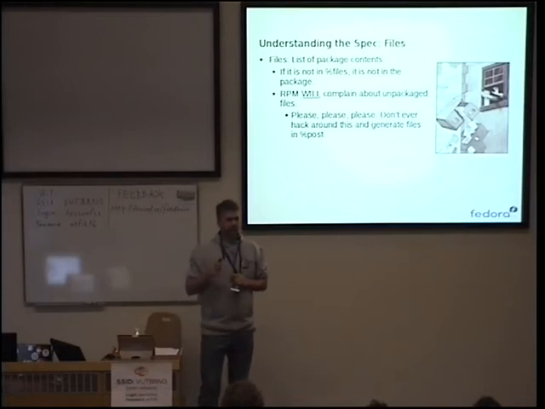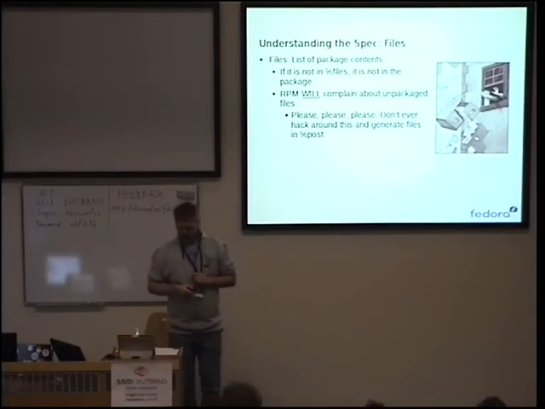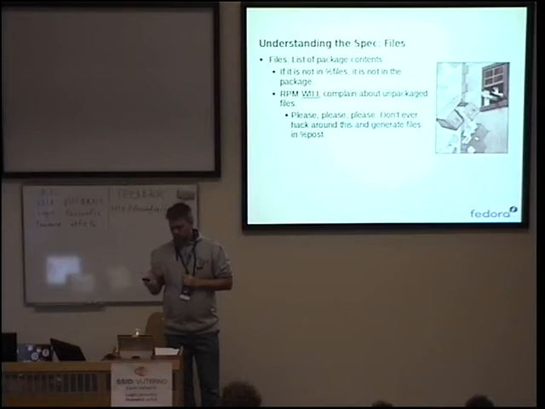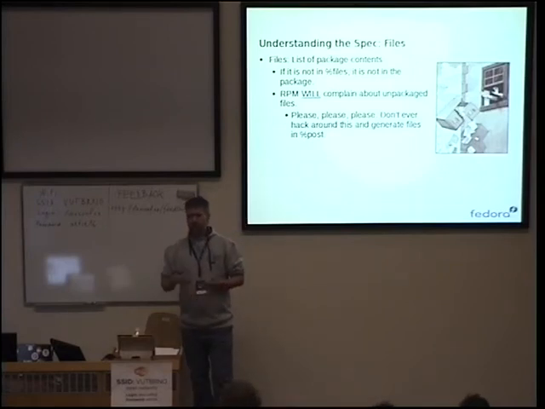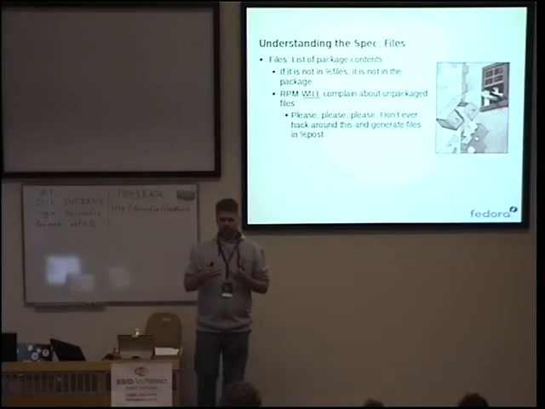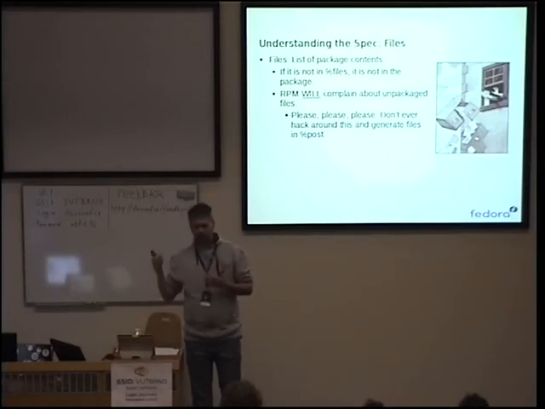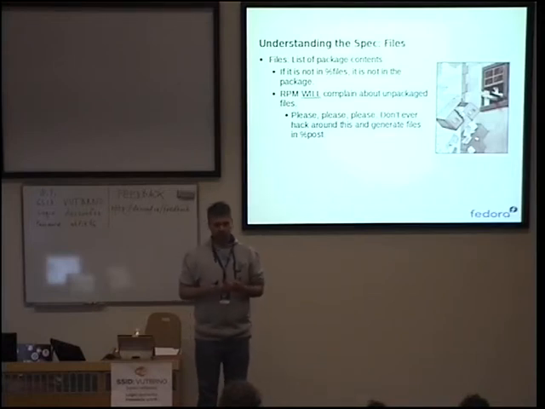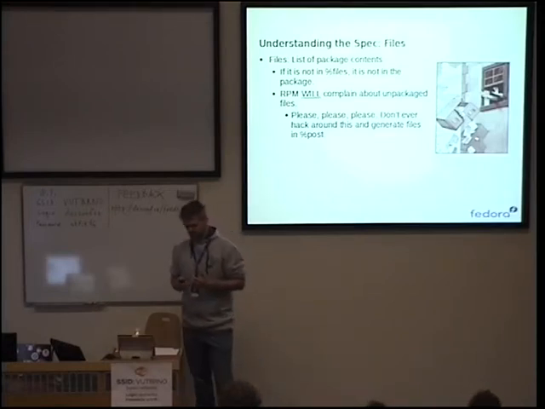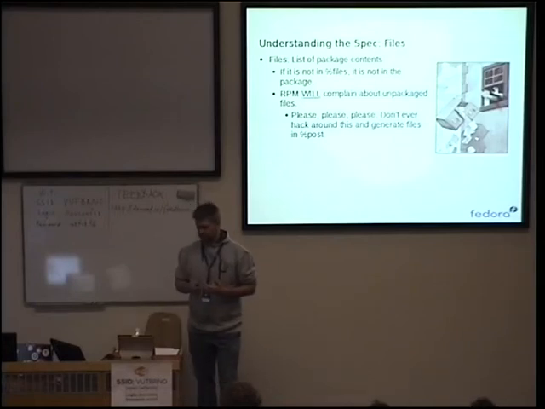Okay, and we are coming to the end. What's remaining? The files section. This is the list of the package content, what we are delivering. When you have more experience, you will create it yourself. But right now, we will ask RPM to tell us what should go there, because RPM is willing to tell us.